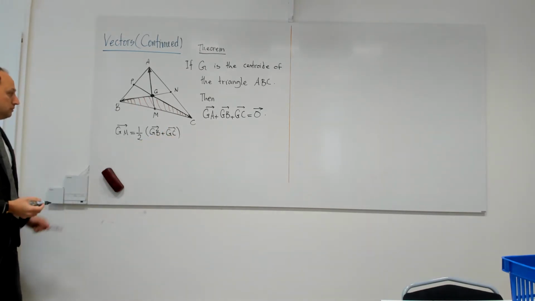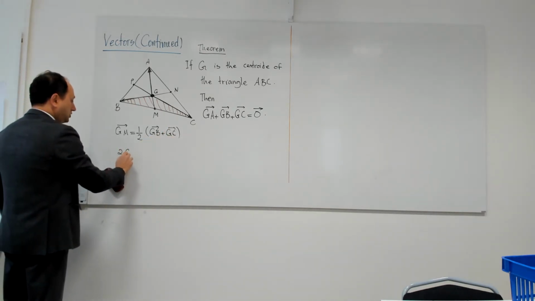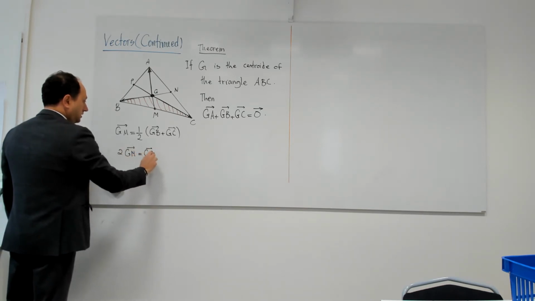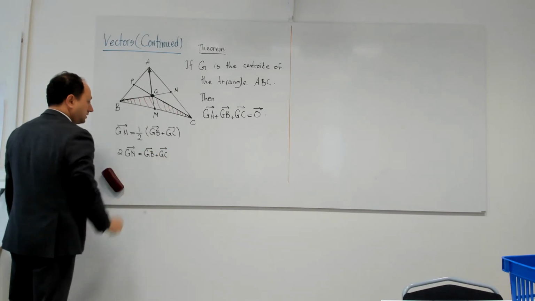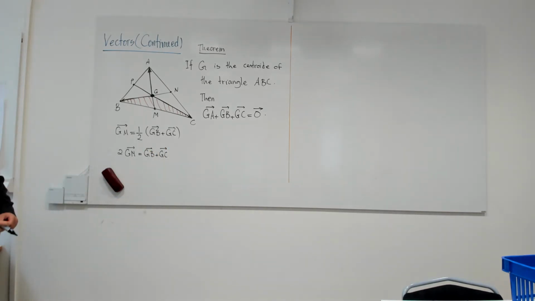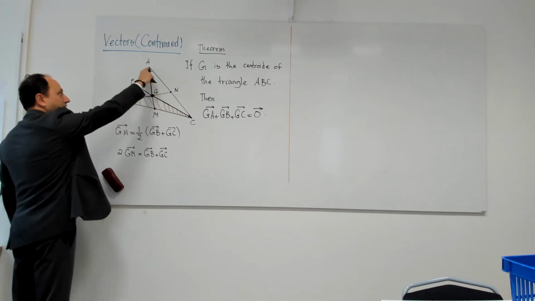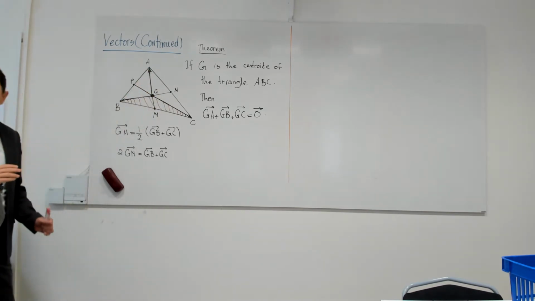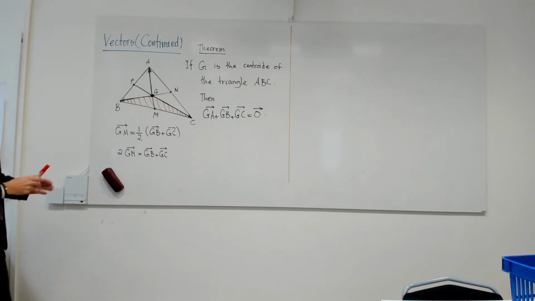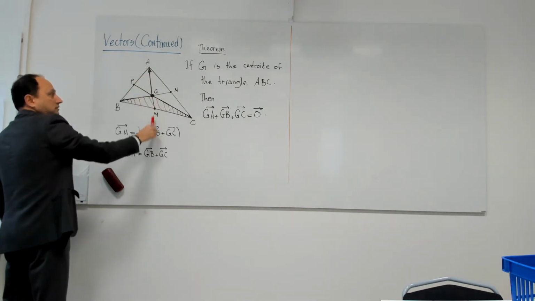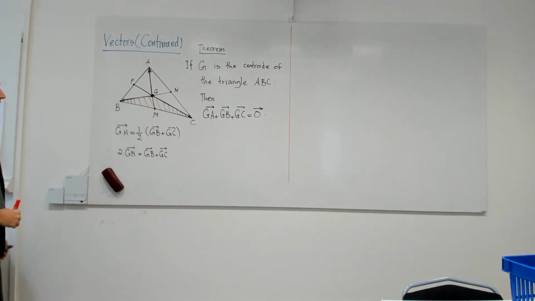Okay, and then let me multiply everything by 2, so this becomes 2GM is equal to GB plus GC. But you really don't need to work hard, because you know this length is half of this length from a length point of view. Another thing is that you know that they are on the same line, so they are actually parallel.